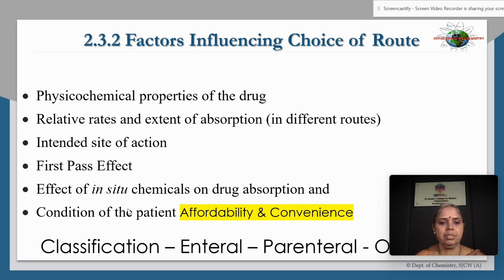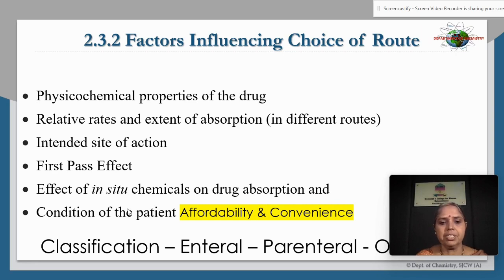Then, relative rates and extent of absorption in different routes. Some routes are preferred if the rate of absorption is more. Some routes are preferred if the rates of absorption are slow. Extent of absorption refers to how much of drug is absorbed in a particular route, and also intended site of action.